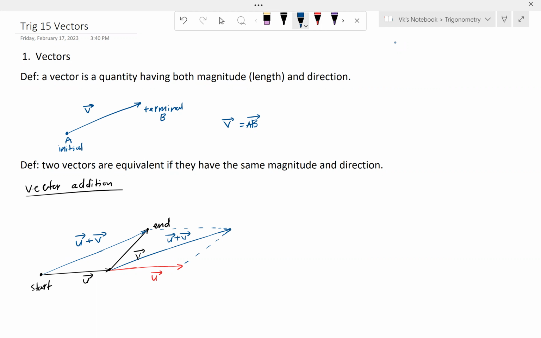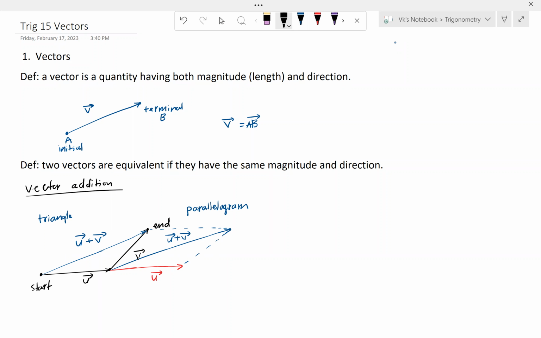There are two ways to do vector addition: using a triangle, or we can use a parallelogram. Pretty cool, huh?